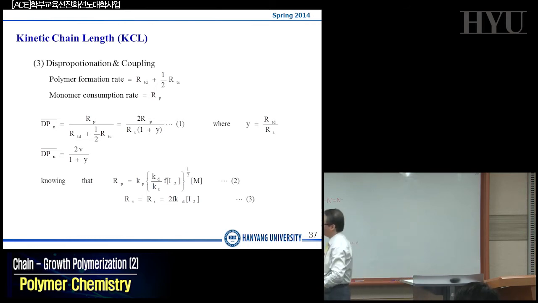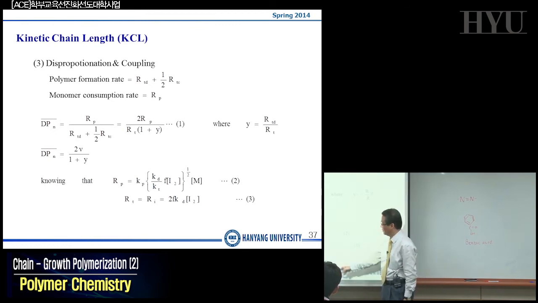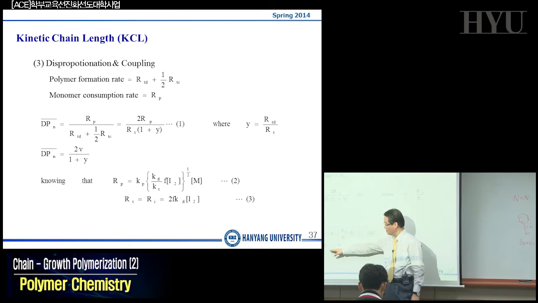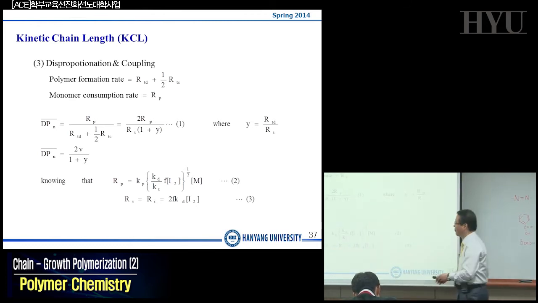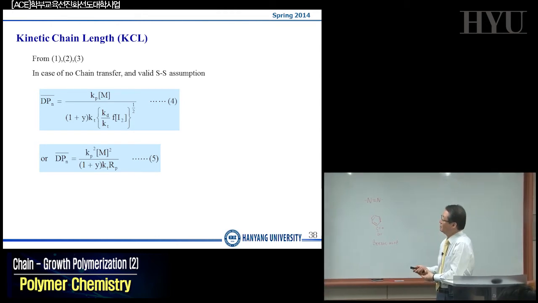Now, you know equation number 2, which we have just described, and remember that at steady state assumption, Rt is equal to Ri. Then if I combine 1 and 2 and 3, the DPn, the degree of polymerization reaction, is a little bit complicated, but it becomes equation number 4. Right? Or we can describe this with Rp here. You can describe this equation as 5. So number 4 and number 5, you should put in your cheating paper as well.